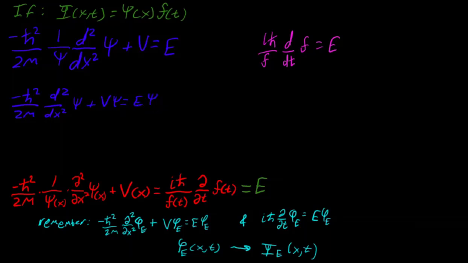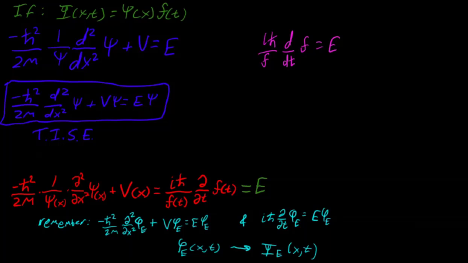And this is going to be called the time-independent Schrodinger equation. The other Schrodinger equation we had before, the more general one, is called the time-dependent Schrodinger equation. Hopefully you remember what that is. I know I erased it, but hopefully you have it written down. And this is the time-independent Schrodinger equation. We cannot go any farther with solving this equation without knowing what the potential energy function is.